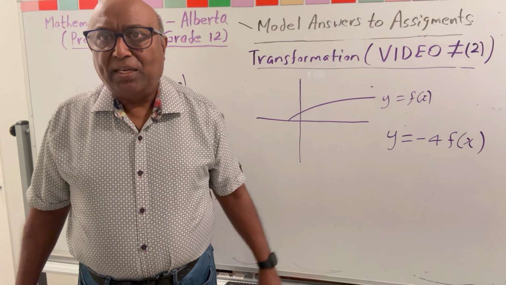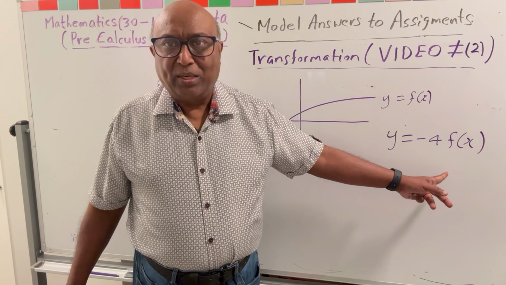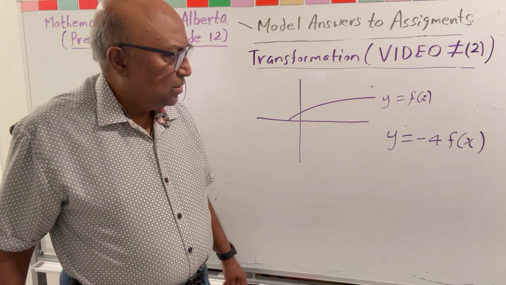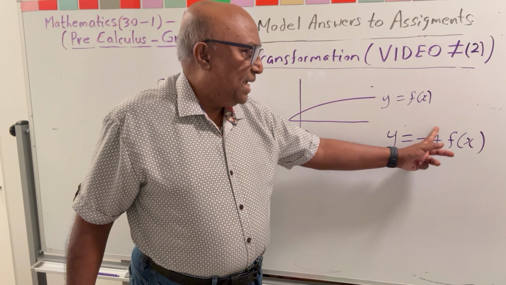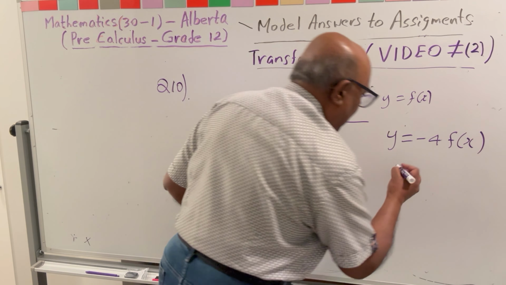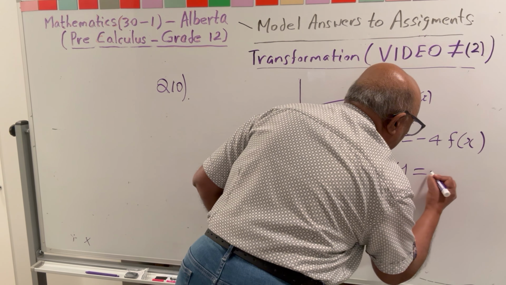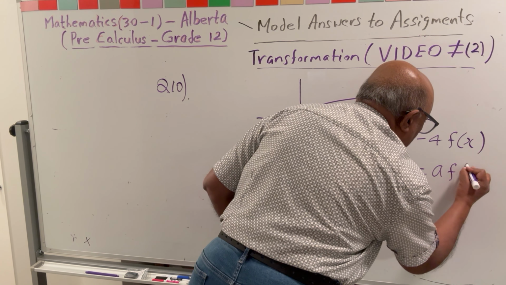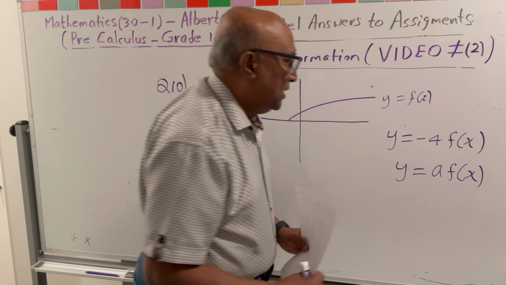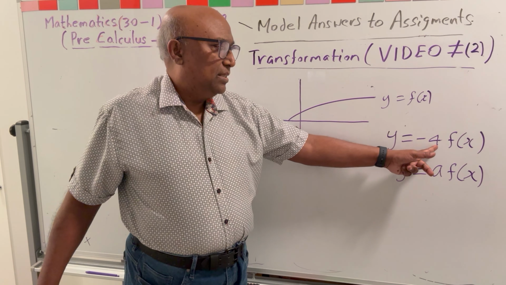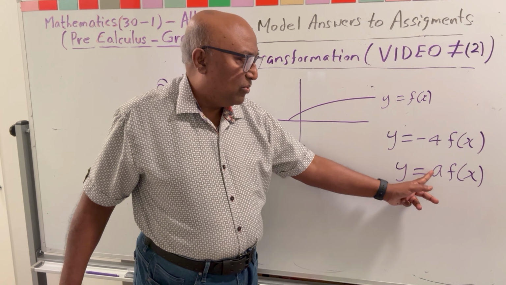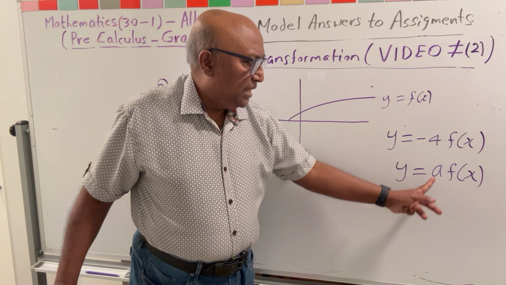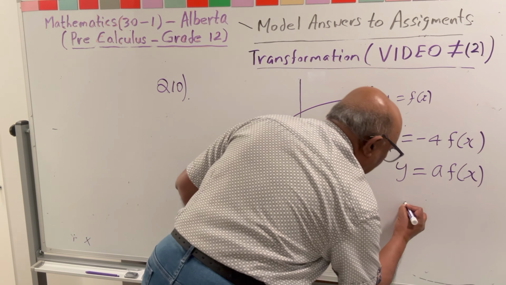What kind of transformation factors can you see here? Only the a value is applicable. a is negative 4. When you compare with a f of x, by looking at this we understand the general type of transformed function is like this, y equal to a f of x. a is equal to negative 4.